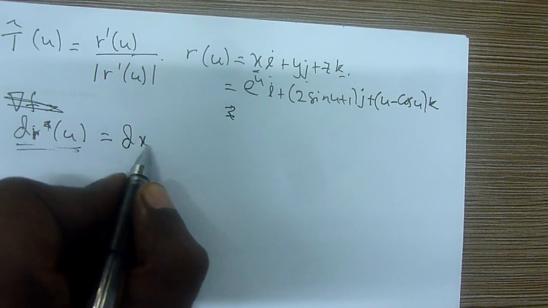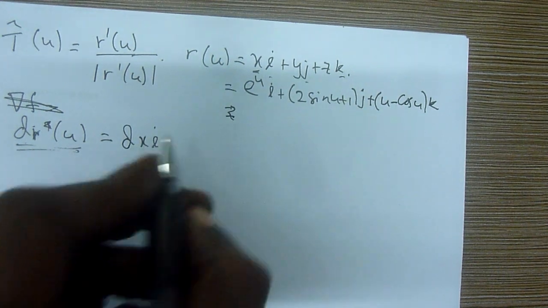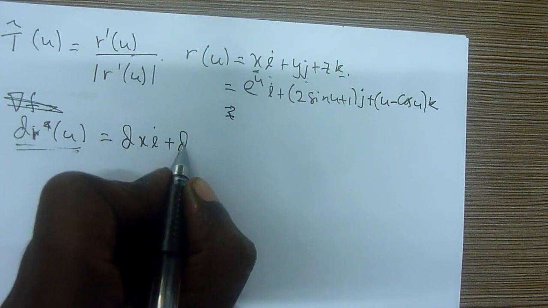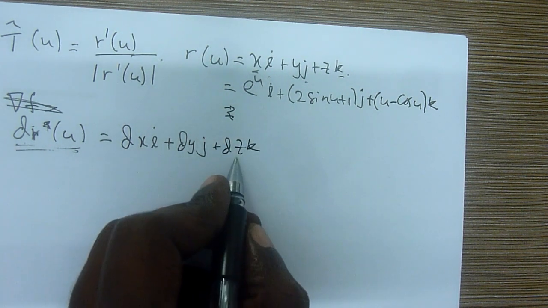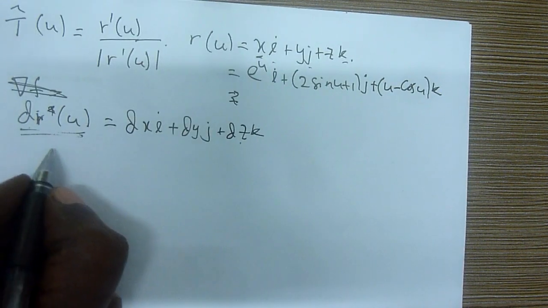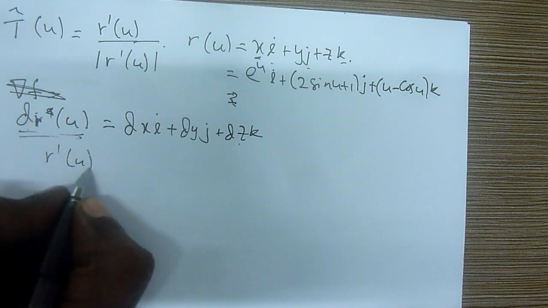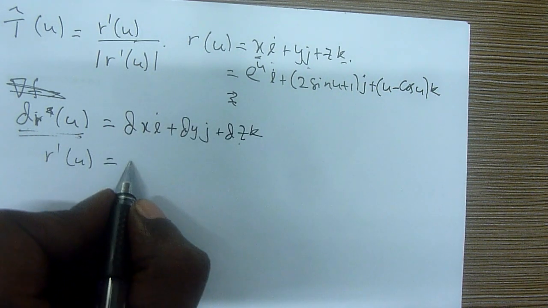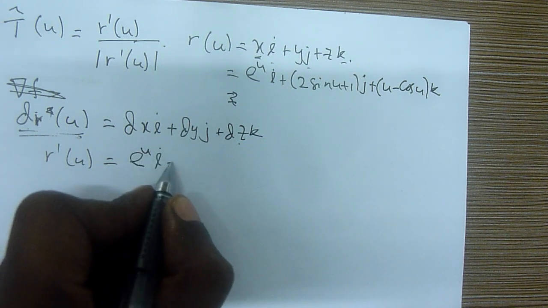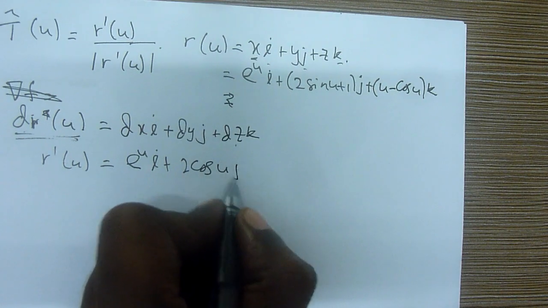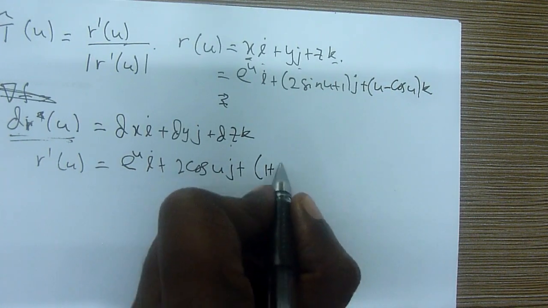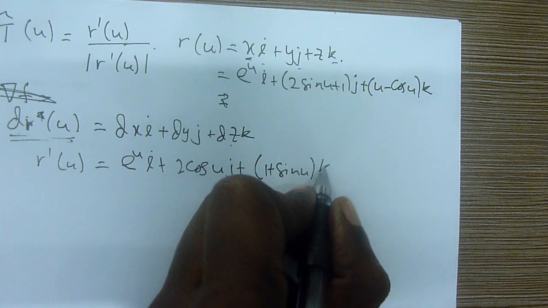Dr means it's dx i, dy j, dz k. We need to differentiate this. When I differentiate, I get e to the u i, 2 cos u as my j, 1 plus sine u as k.